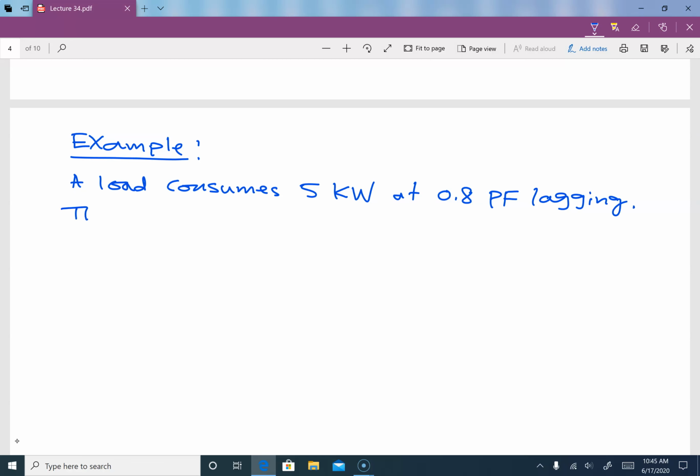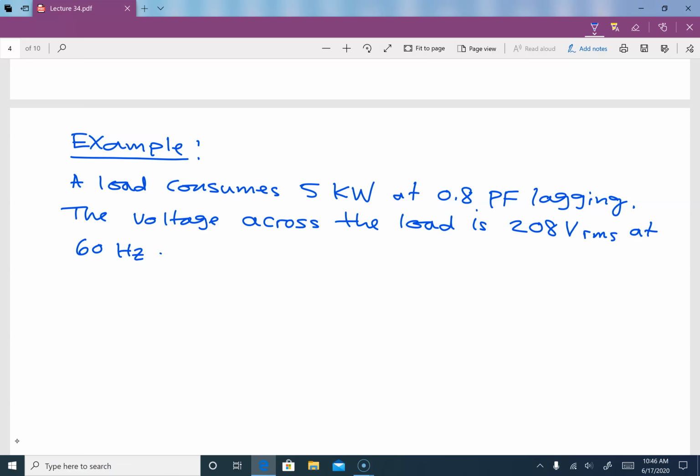The voltage across the load is 208 volts RMS at 60 hertz.